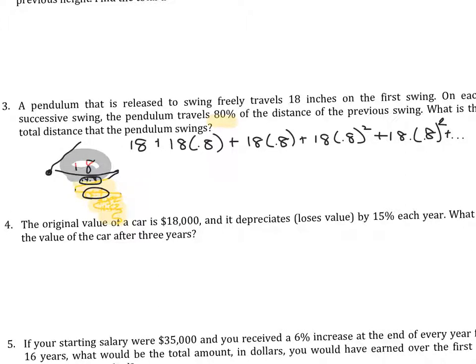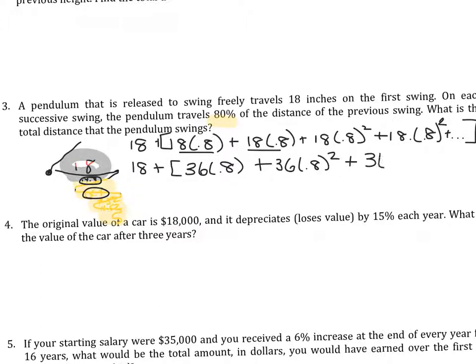So notice that here I have my geometric sequence. So I still have 18, but now if I combine like terms, I have 36 times 0.8 plus 36 times 0.8 squared, and then obviously the next one is going to be 36 times 0.8 cubed, and so on and so forth.